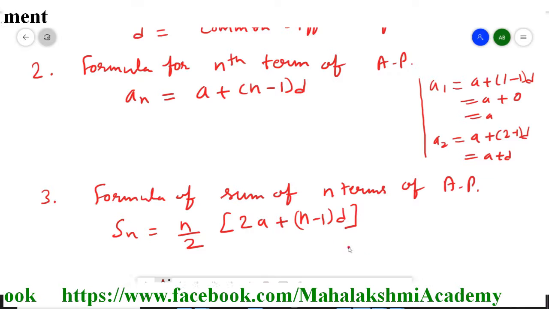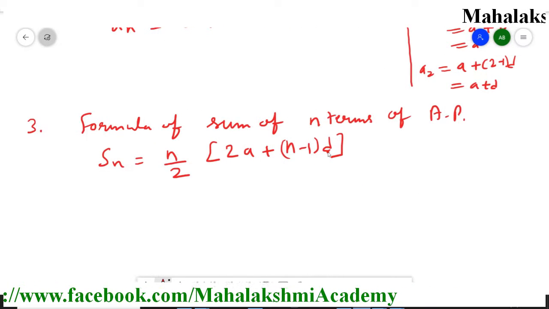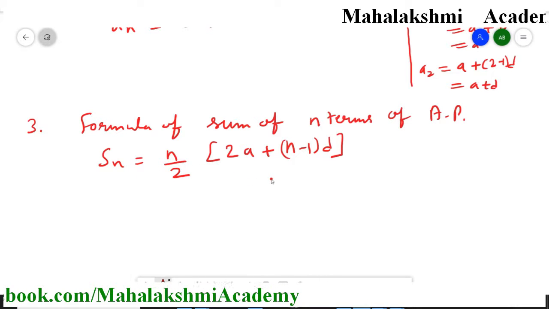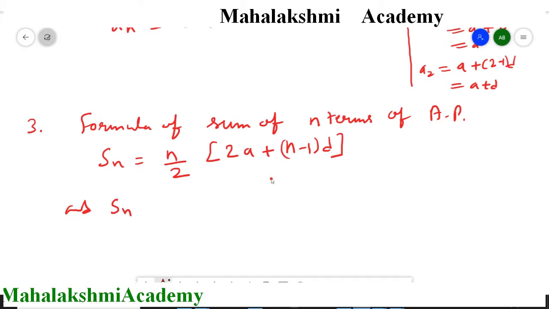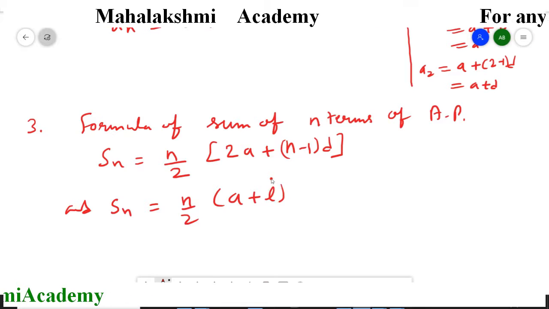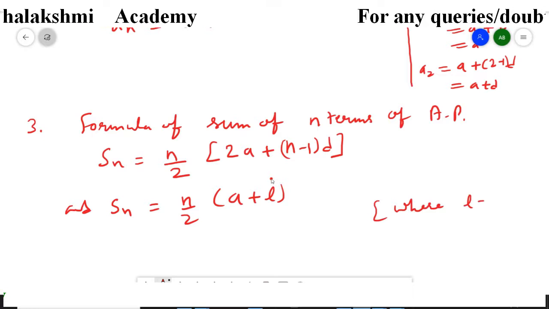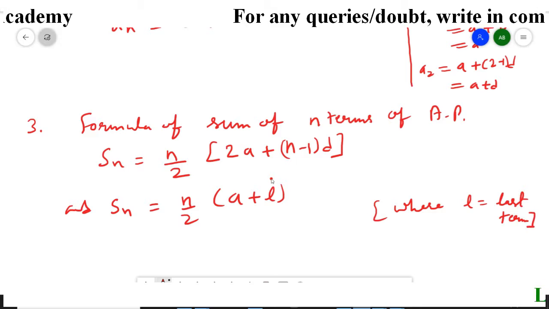There are two formulas according to availability. If the first term and common difference are given to us and we don't know the last term, in that situation we have to use this formula. And if we know the last term, then a simple formula is there, that is n upon 2 bracket a plus l, where l is named as the last term.